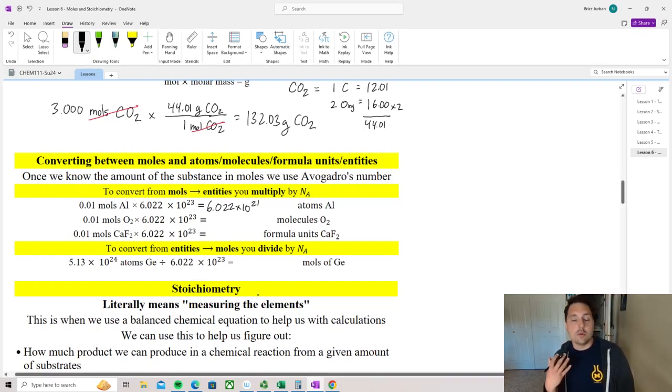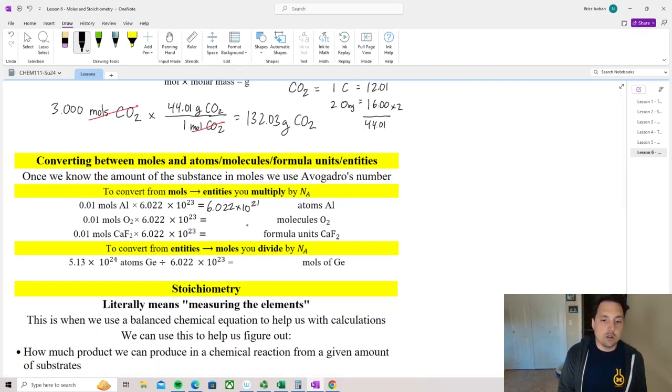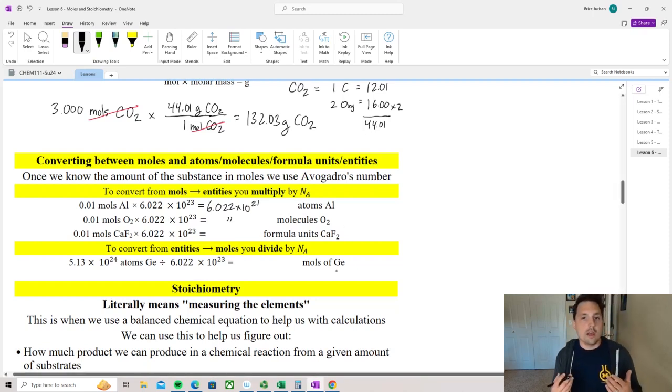Now we don't need to only do this with atoms. We could do it with molecules. So if we have 0.01 moles of oxygen, we just multiply by Avogadro's number again. And then if we have a compound that's made up of a metal and a non-metal, we could call this a formula unit.